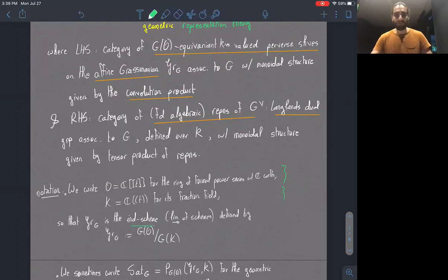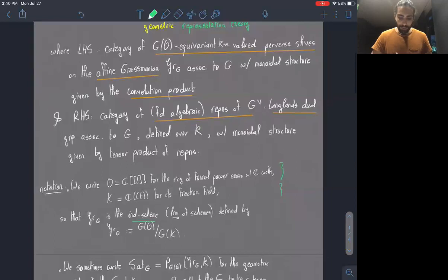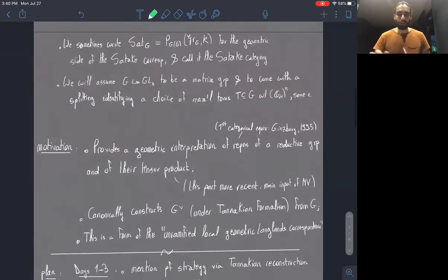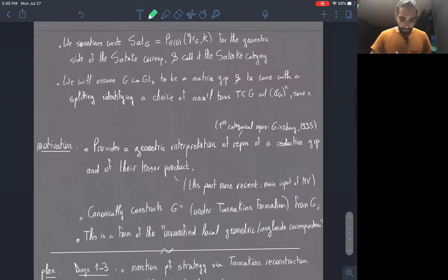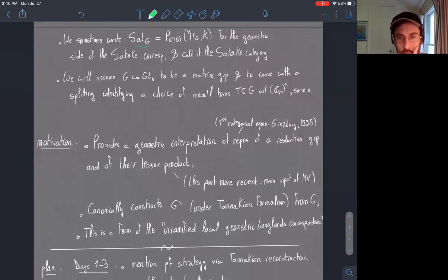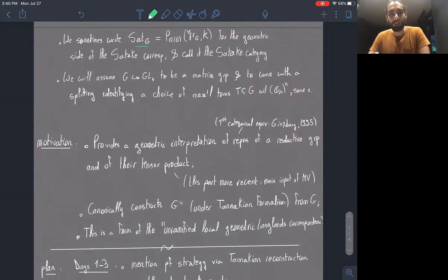The discussion of what the affine Grassmannian is and how its geometry behaves will be where Alberto picks up. As far as today's lecture and tomorrow's lectures are concerned, the focus will be on background on Rep G and the basic theory of perverse sheaves. Some notation that may be useful later on: we sometimes write Sat_G for the geometric category appearing in the correspondence, the Satake category.